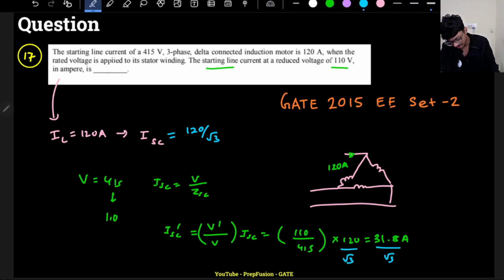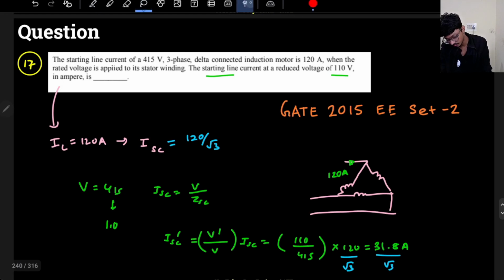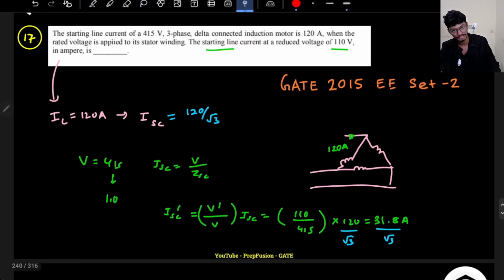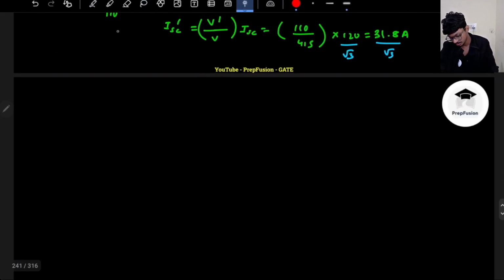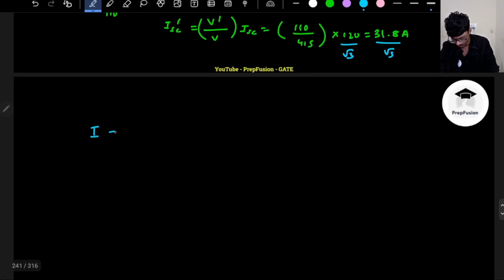Now I have to find out the line current, because they have asked what is the starting line current. In delta, line and phase current are different, so line current will be simply root 3 times the phase current. So it will be 31.8 amperes, and 31.8 amperes will be your answer for this question.